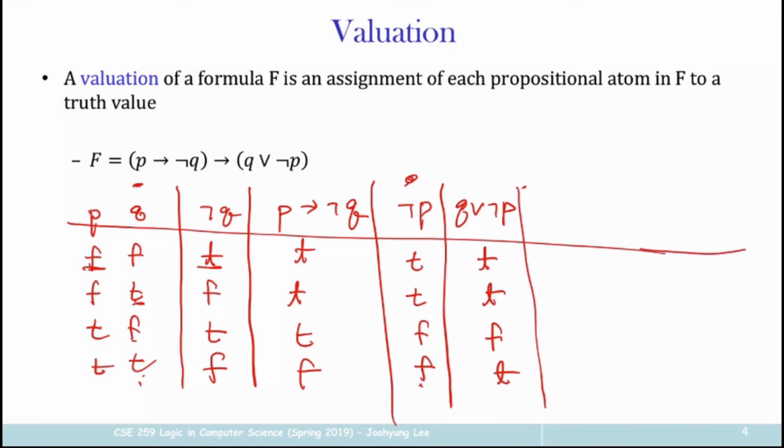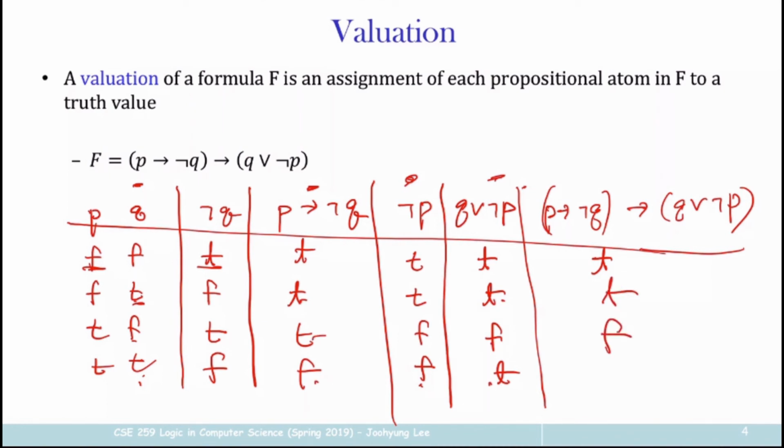And then we can talk about P implies not Q, and Q implies not P. Now look at this column and this column. True implies true is true. True implies false, false. False implies true, true.